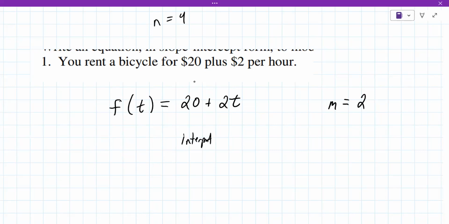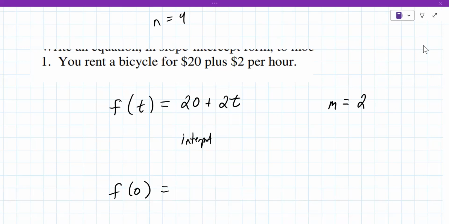Okay. First calculate f of 0 for me. Wait, I'm kind of confused.